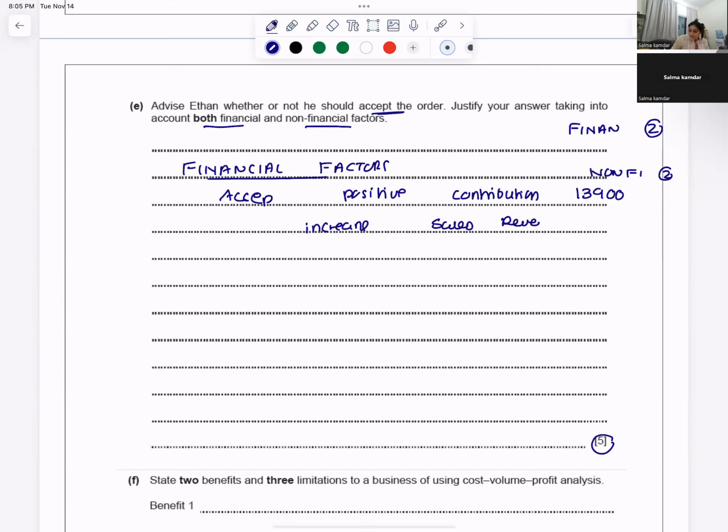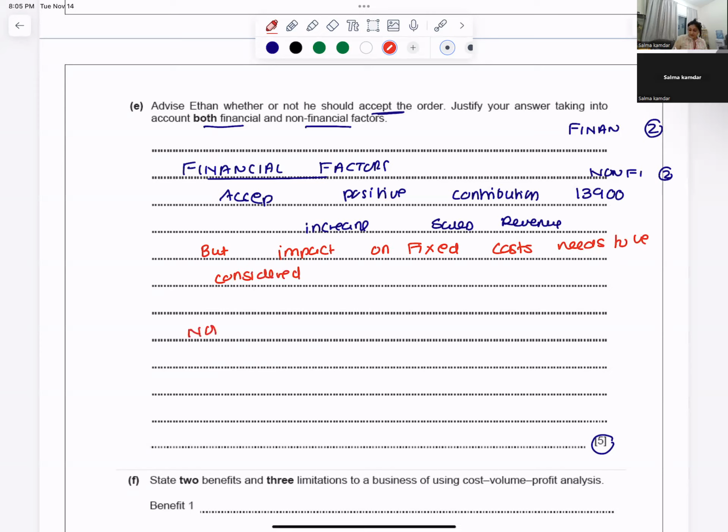So financial factor directly tells me that it has a positive contribution. It will increase the sales revenue, but you have to see impact on fixed costs as well. But impact on fixed costs needs to be considered.